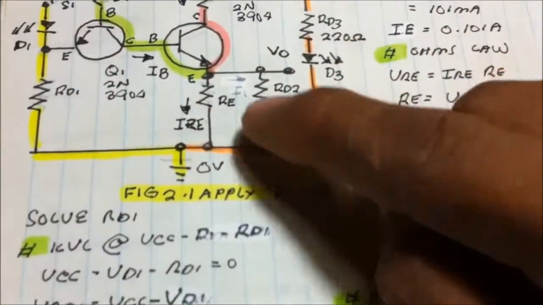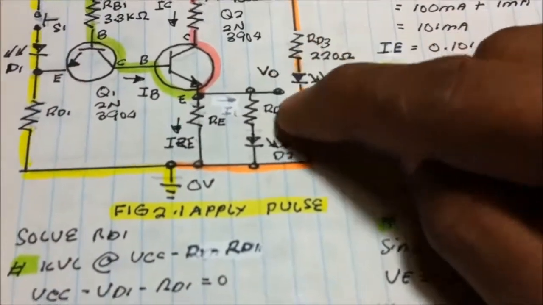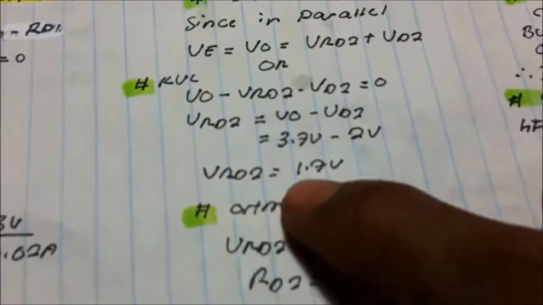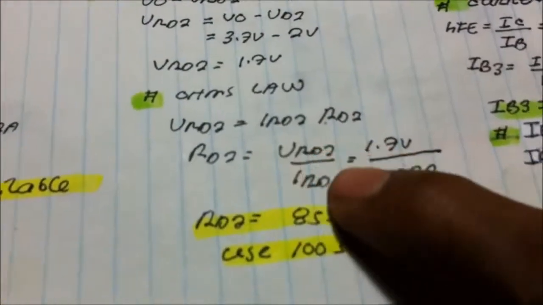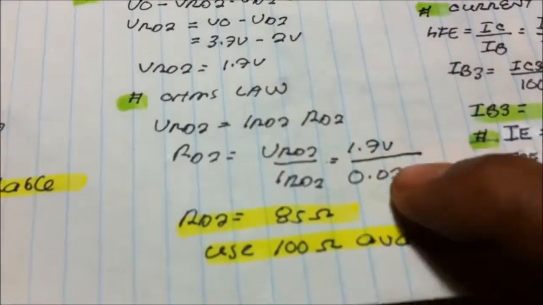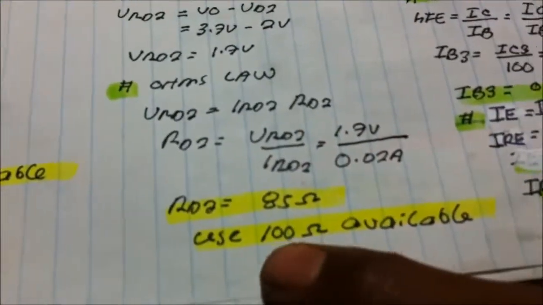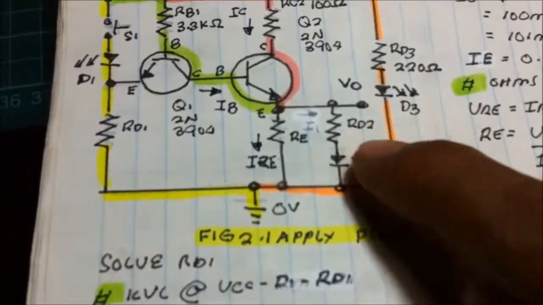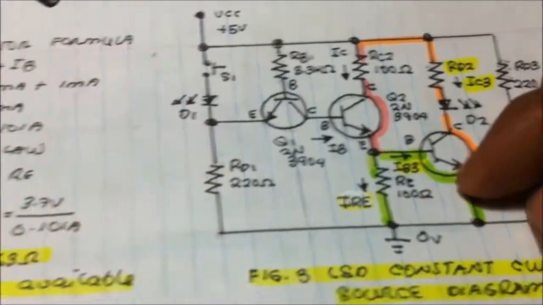Or you can take a KVL using the technique of KVL, voltage output minus a voltage drop VD2 2 volts, and we know that the voltage output got a 1.7, the voltage drop at the RD2. Since we know that RD2 voltage drop 1.7 divided by the current rating of the LED, we got 85 ohms, but I use 100 ohms, so we got the value of 100 ohms at the RD2. And this is now our new circuit from this.